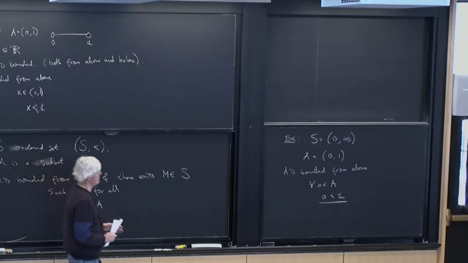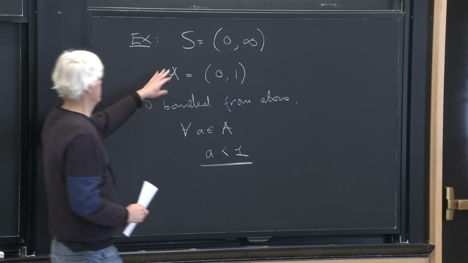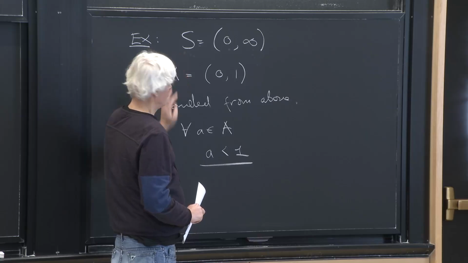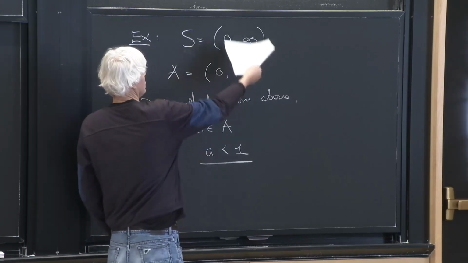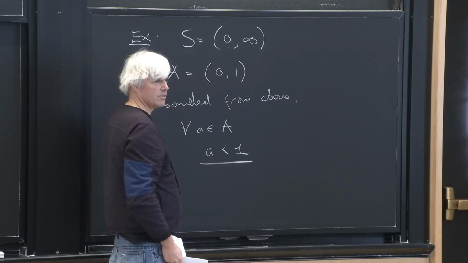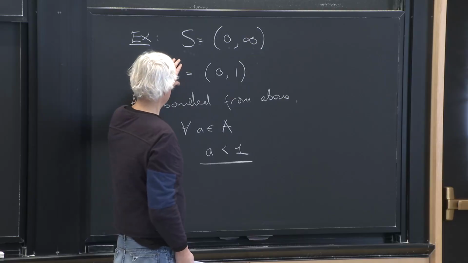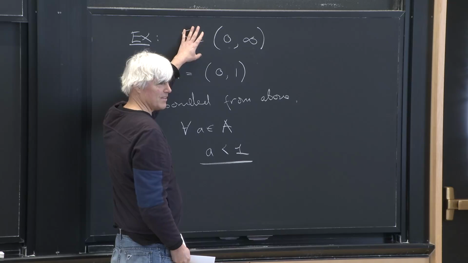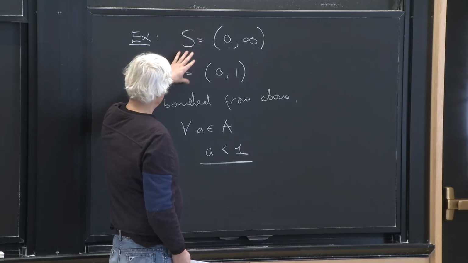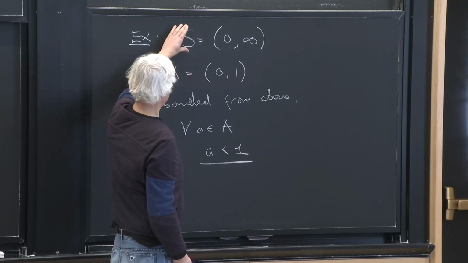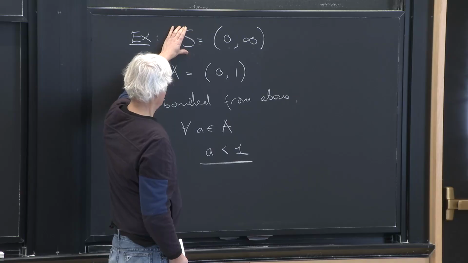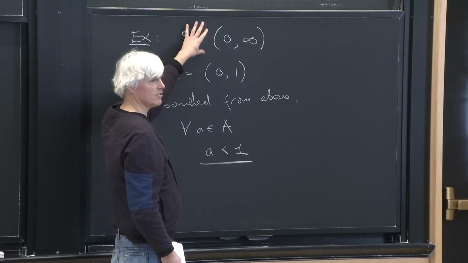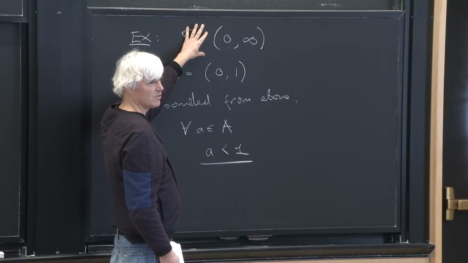But now think about, does this set here have a lower bound? Well, a lower bound has to be inside this set S, because we're thinking about this as a subset of this ordered set. We don't think about it as a subset of the real line. But if you think about it as a subset of this set here, then there is no lower bound, because 0 is not in this set, and no negative numbers are in this set.